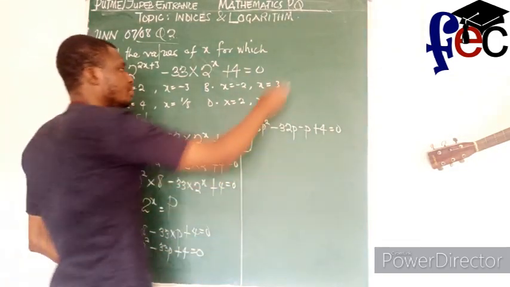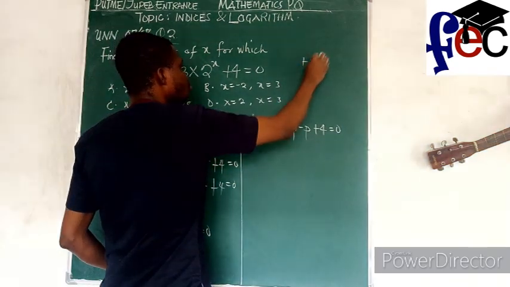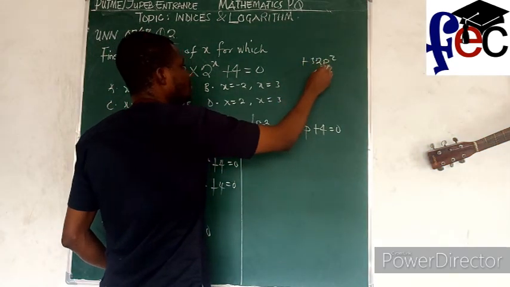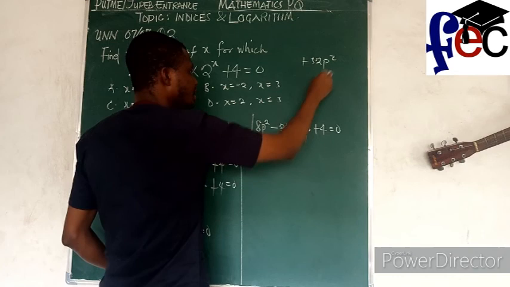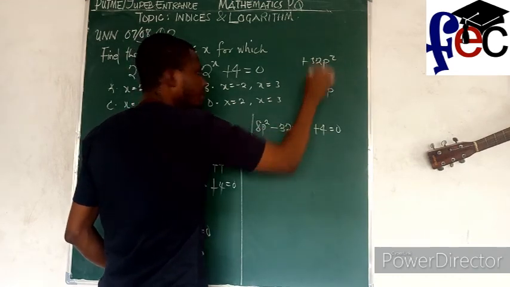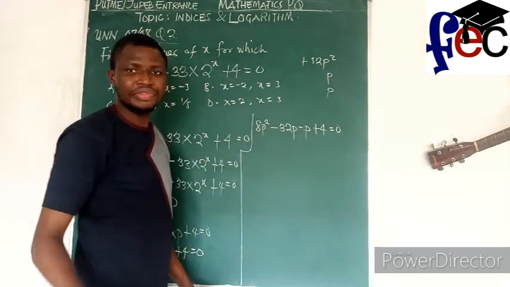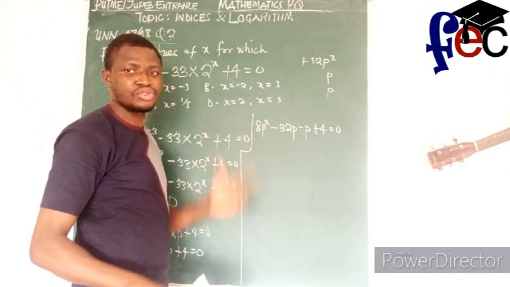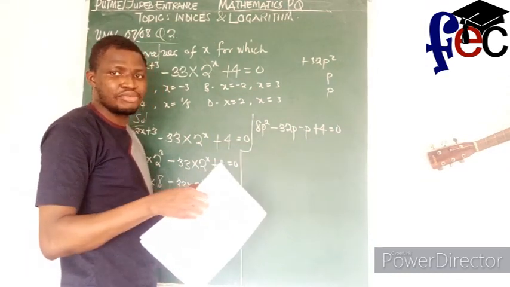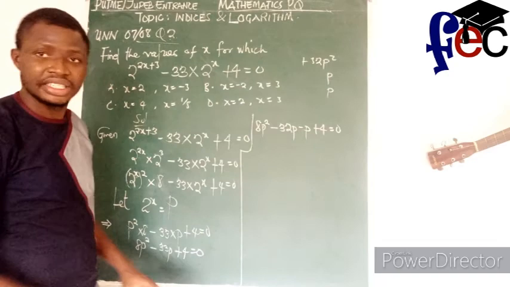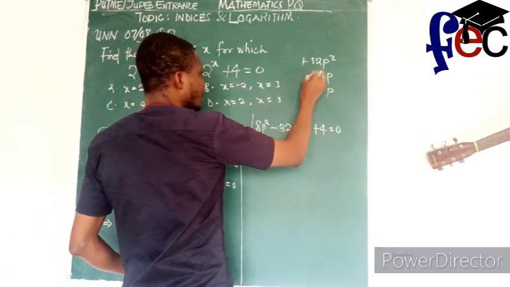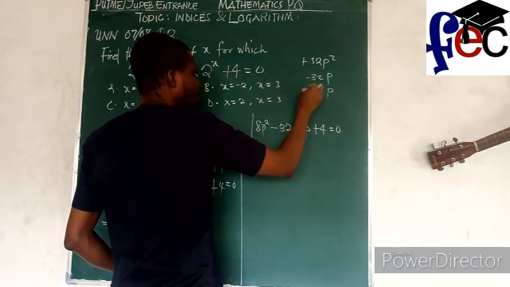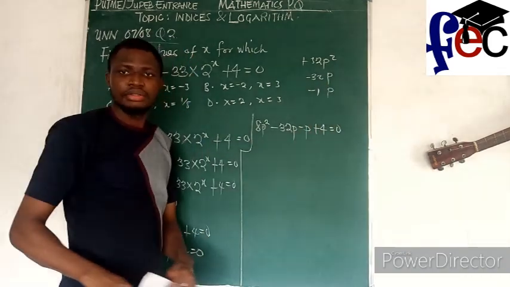That will give you plus 32p squared. And the two factors of p squared that you will need are p and p. And for 32, what are the two factors of plus 32 such that when you add them together, it will give you minus 33? You will realize that it is minus 32 and minus 1. Okay?